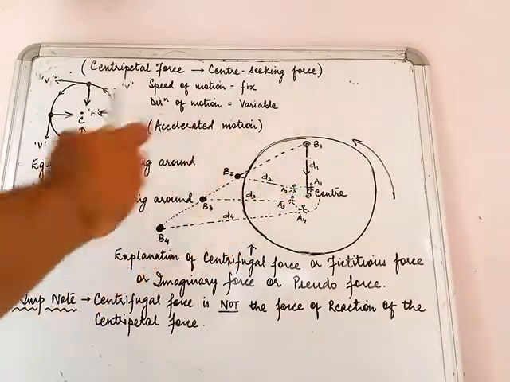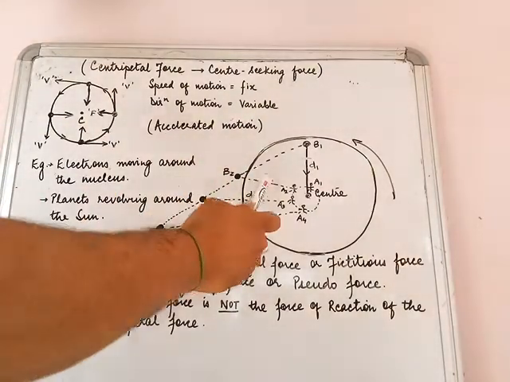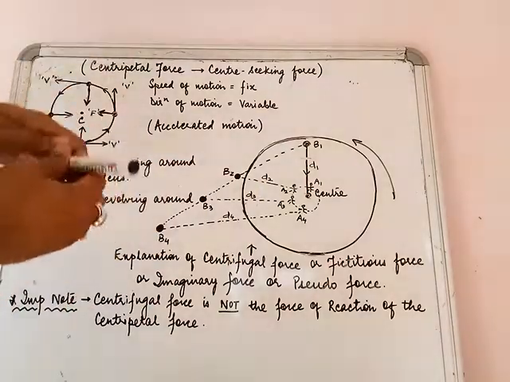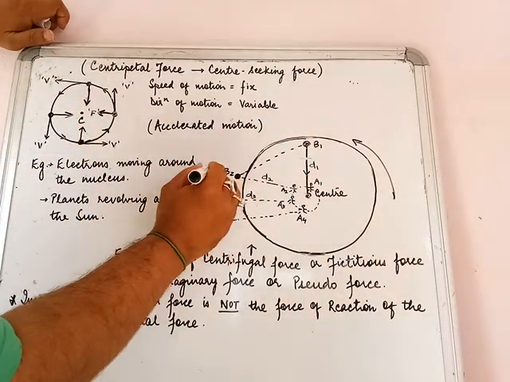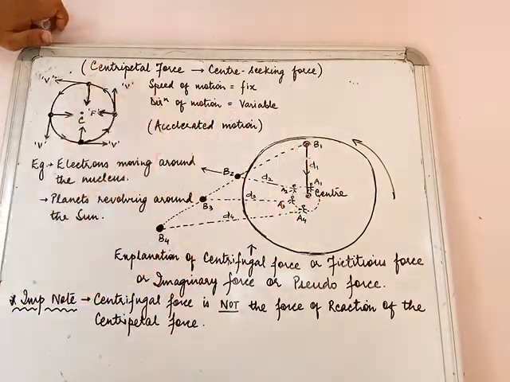D2 is slightly more now in comparison to D1, which means that the ball has moved slightly away, radially outwards. Okay, so this direction is radially outwards, means away from the center.